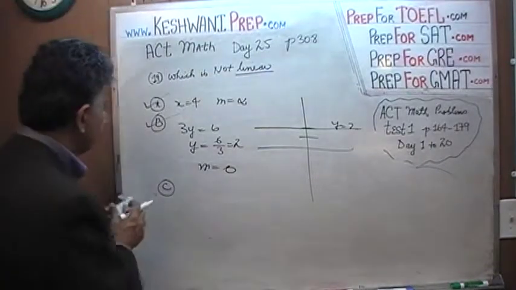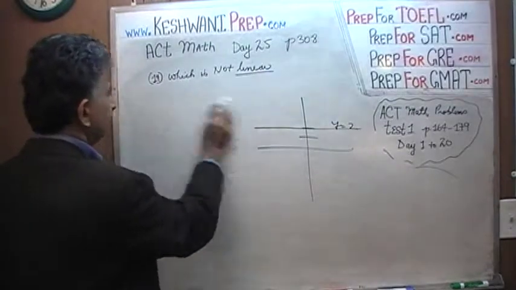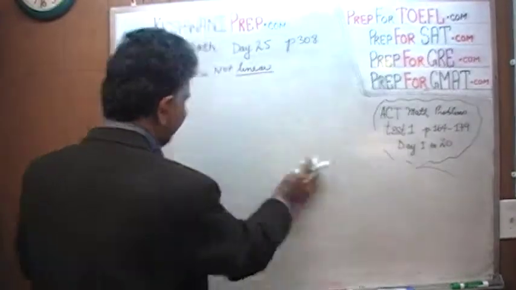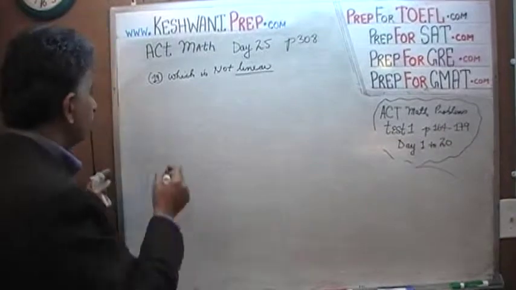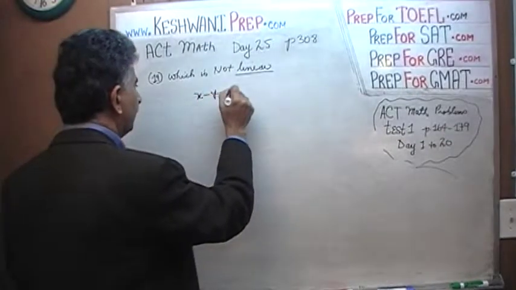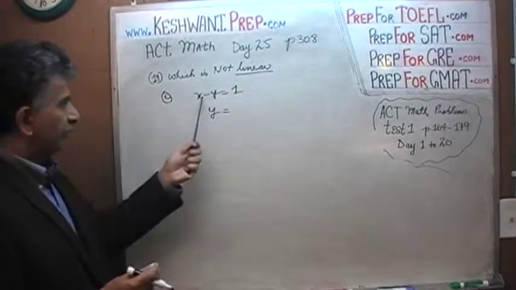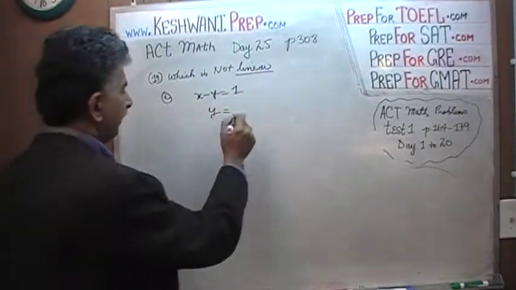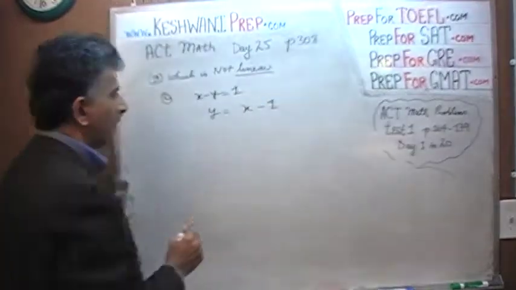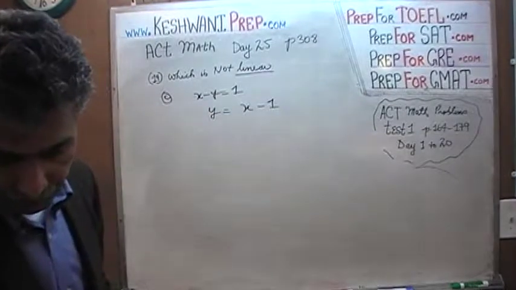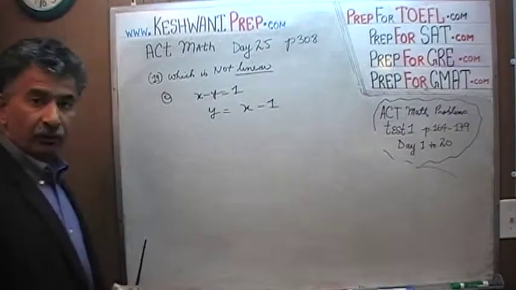The third one, C, says x minus y equals 1. If you bring the y to that side and bring 1 to this side, it gives us y equals x minus 1. What's going to be the shape of this line?